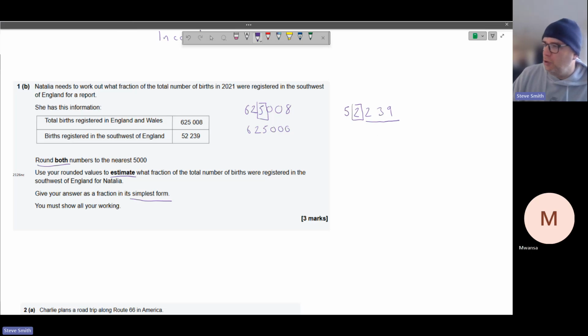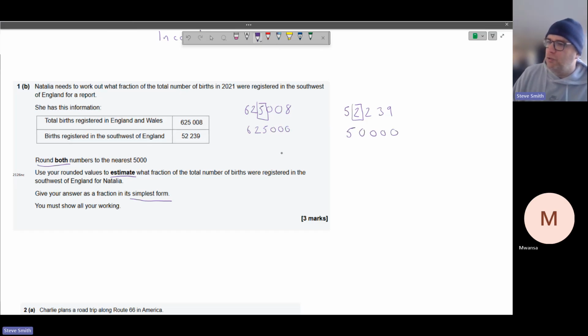If that had been 251, we think, oh, well, that's over halfway, so it would have gone up to 55,000. But it's not over halfway. Halfway would have been 251. So it's going to go downwards to 50,000.